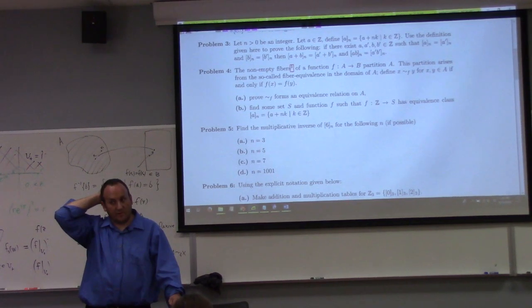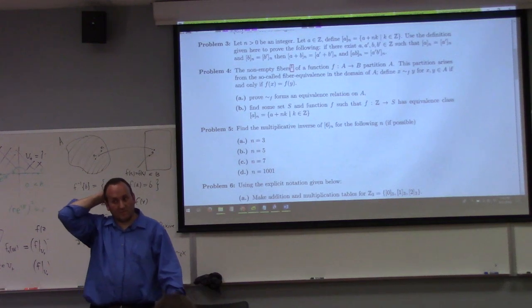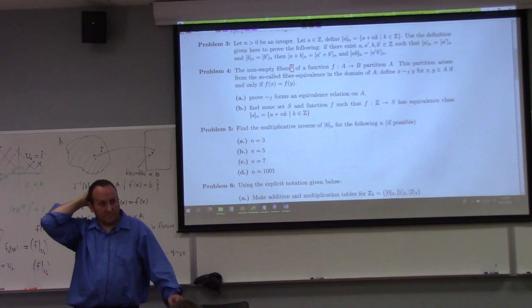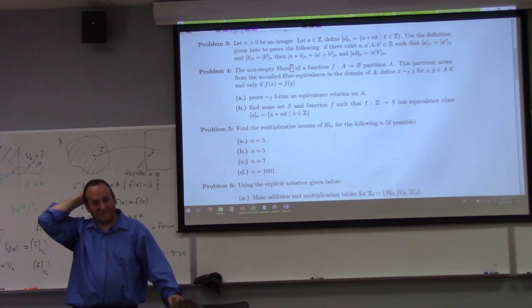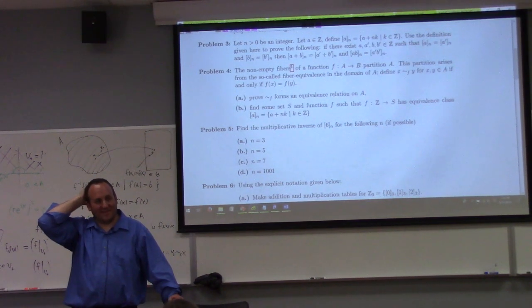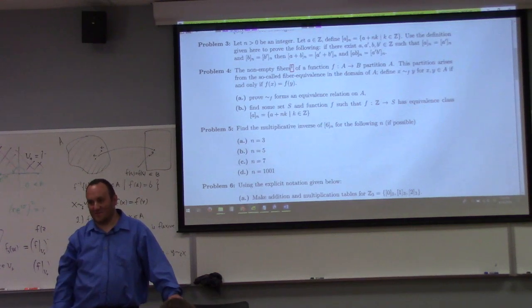The fiber of 0 is even integers. The fiber of 1 is odd integers. But this generalizes for other n. We don't have names for those, I mean, the 3-tuples, the 4-tuples, 5-tuples. I have names for those, but what I don't have a good name for is like the 3Z plus 1, or the 3Z plus 2.